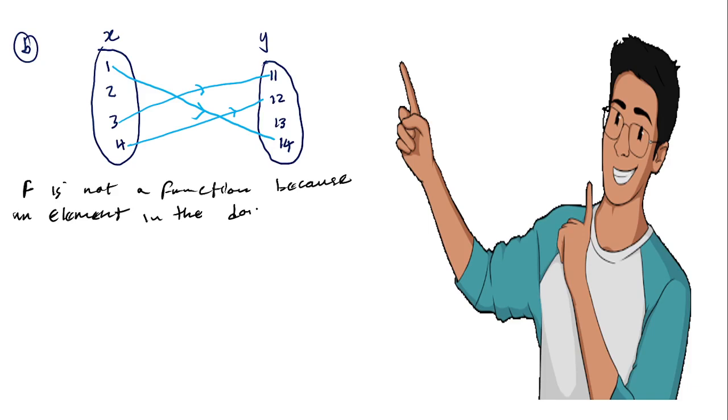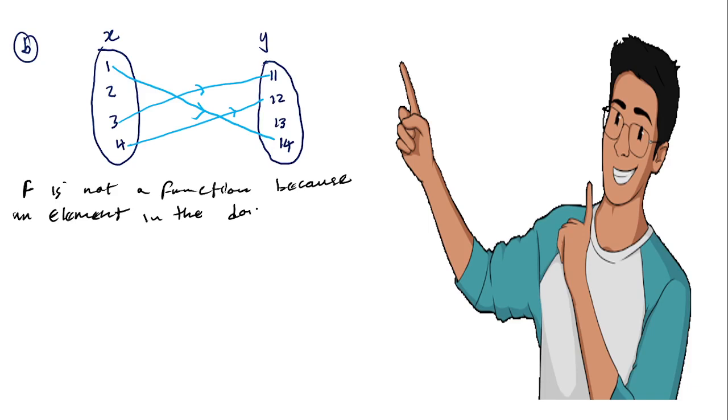If you observe my statement, I'm saying an element in X, in the domain, is not having a relation with a member in Y. I'm not saying an element in Y. Yes, we have 13 which doesn't have a relation, but we are not giving this 13 as a reason.